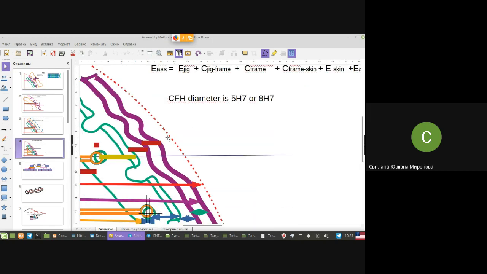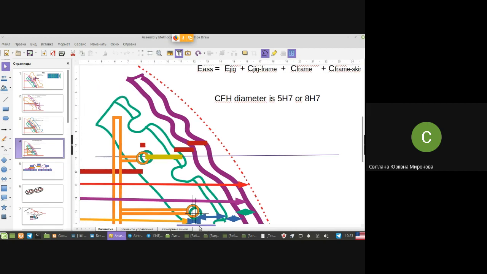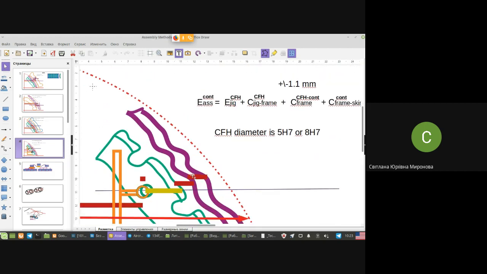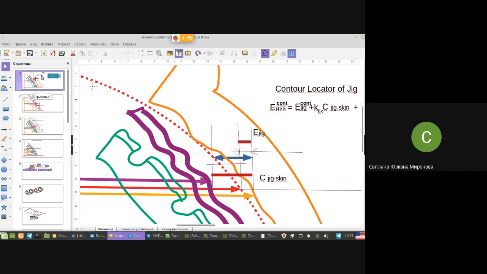Like here, for instance, with CFH, we already made some steps back inside of the airplane and start somewhere in the middle and assemble with accumulating errors of different types. And as a result, we have errors almost twice as large as the assembling by skin.